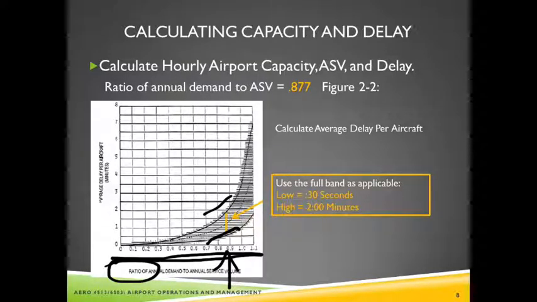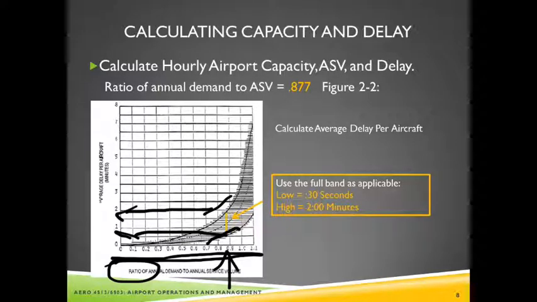The way that you do that is you come across to the y-axis from the bottom and across to the y-axis from the top, from what you find from the ratio. So this tells us that spread over 250,000 operations in an entire year, the average delay per aircraft will be between 30 seconds and 2 minutes.